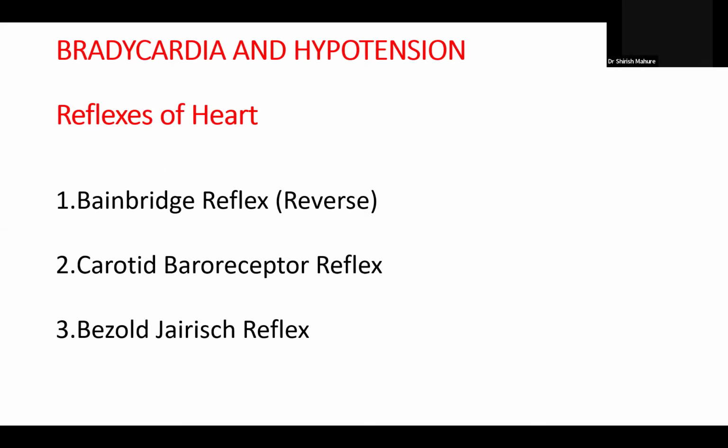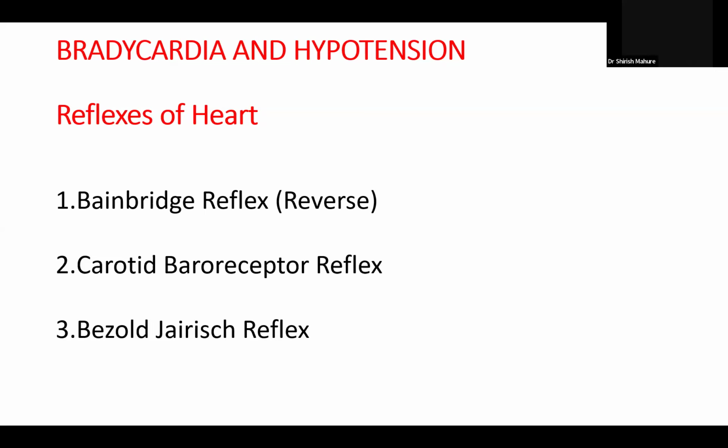In the Bainbridge reflex, if the volume of blood is increased and the stretch receptors present in the right atrium and pulmonary artery get stretched, they send signals through afferents to the medulla, which in turn sends signals via cardioaccelerator fibers, that is T1 to T4, to increase the heart rate, and ultimately decreases the volume load.